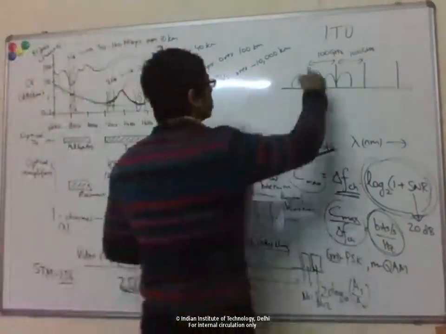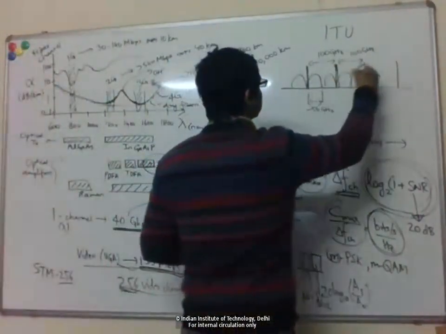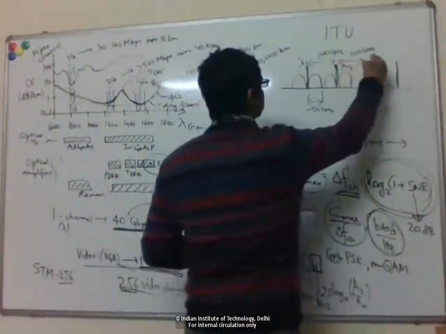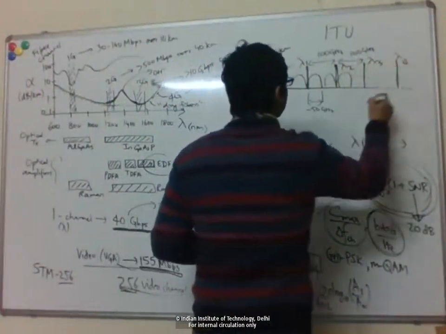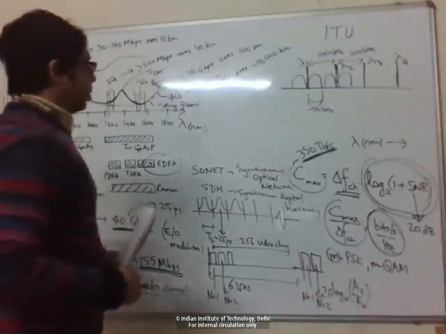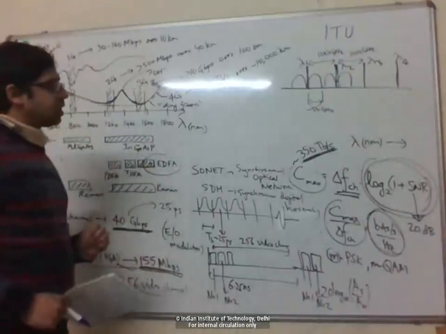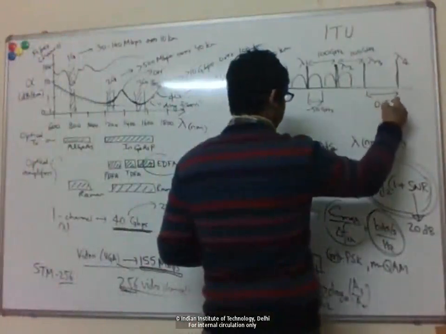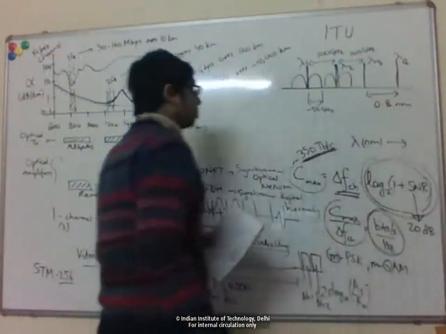So now I have multiple wavelength channels: lambda 1, lambda 2, lambda 3, lambda 4, each separated by 100 gigahertz. If the center wavelength is, let's say, 1515, in the C band, then in terms of wavelength this separation comes out to be about 0.8 nanometer.